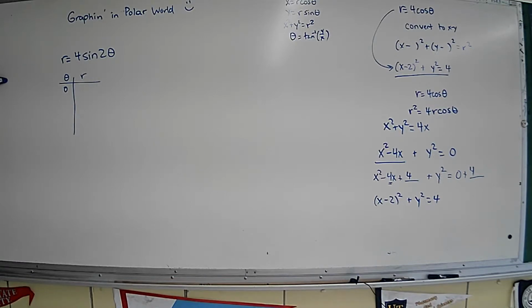It looks like a flower. Okay, I agree. It's called a polar rose. What else do you notice? None of you notice anything? You have no observations whatsoever? There's 4 petals? Yeah. Okay, what else?